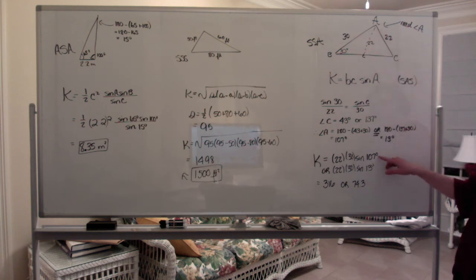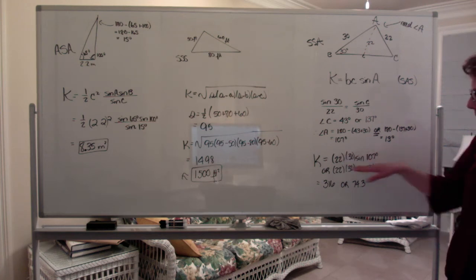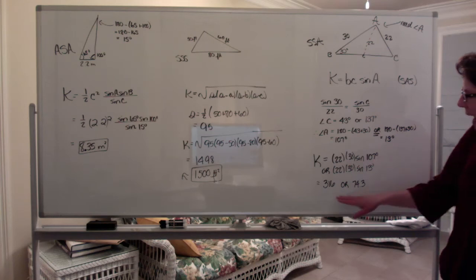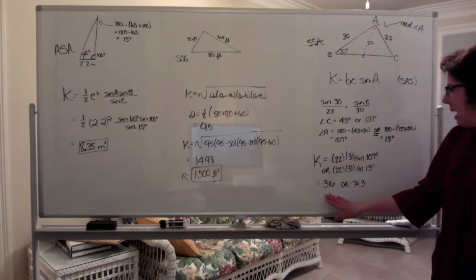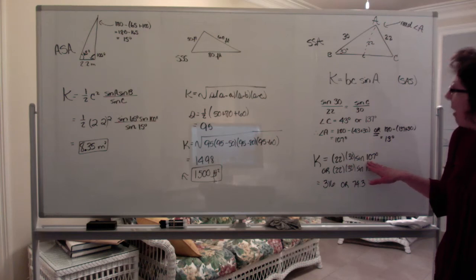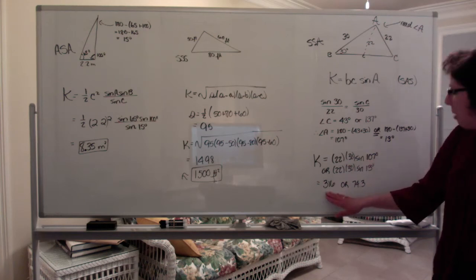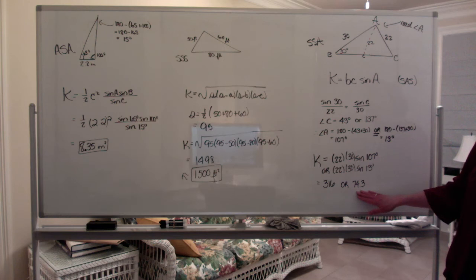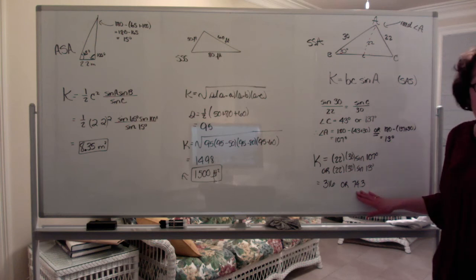Let's go ahead, we can fill in 107, or we could fill in 13. So I'm going to crunch that out 2 different ways, and I could get to 3 sig figs. If I have the obtuse value for angle A, I'm going to have 316 for my area. If I have the acute value for A, I'm going to have 74.3.